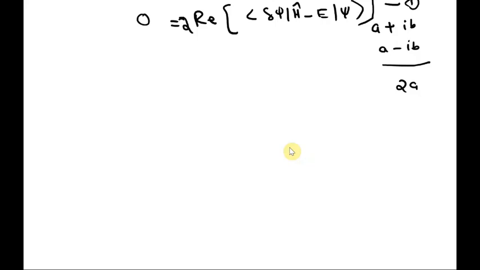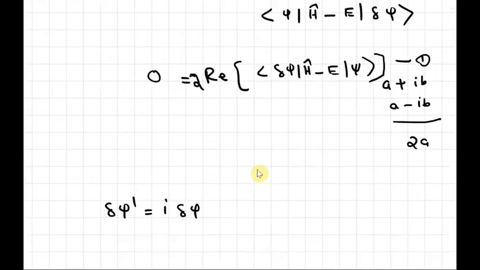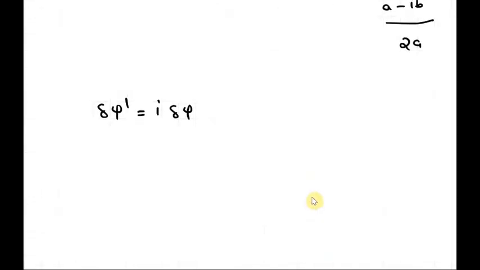I call this delta psi prime my second variation, and that second variation is connected with the first variation like this: i delta psi. So the variation is along the complex axis, not the real axis. Now what is the change in the first term on the LHS?